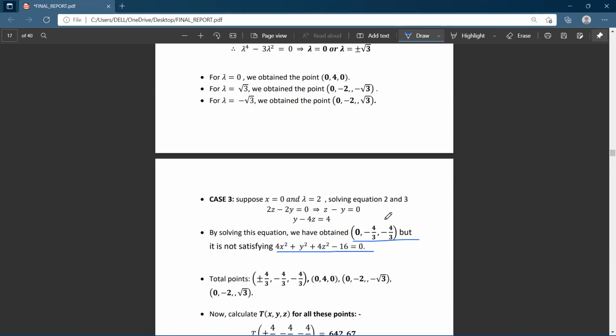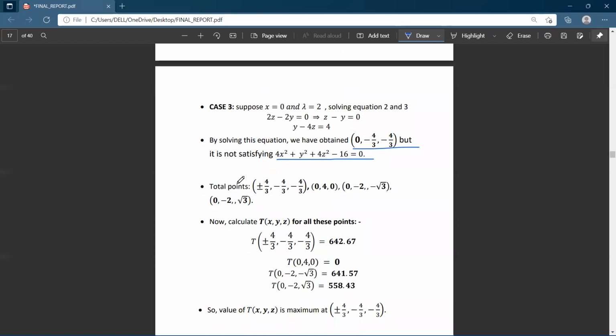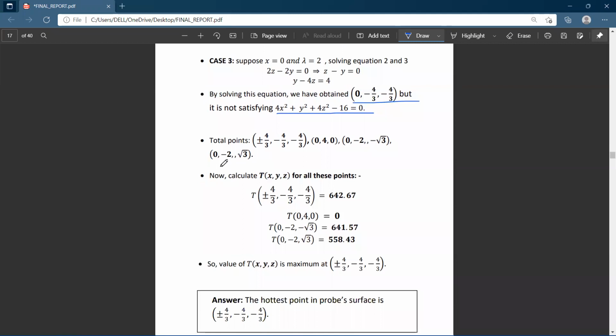So we cannot take this point into consideration. Lastly we obtain these 5 points, which are written here. We have found the value of the temperature at each of these points, and among these points we conclude that the point plus or minus 4/3, minus 4/3, minus 4/3 has the highest temperature.